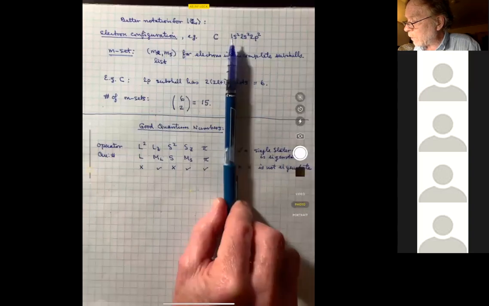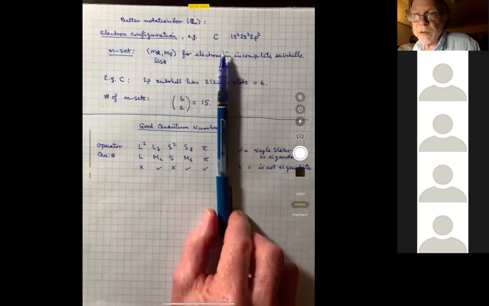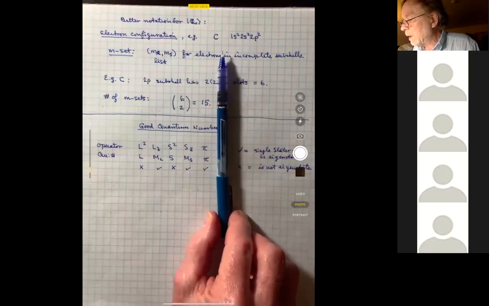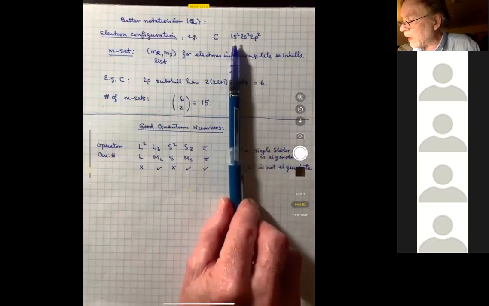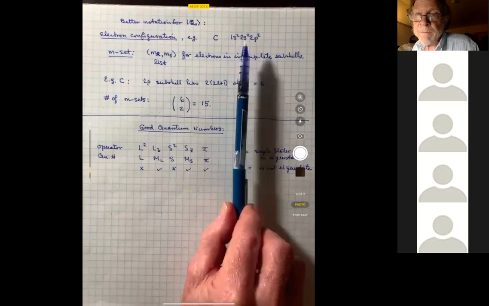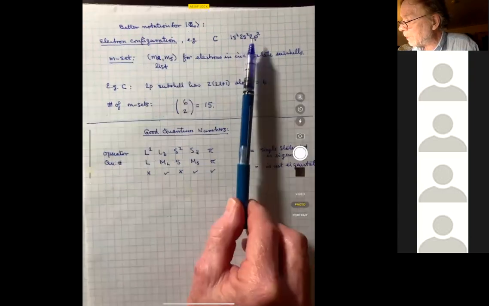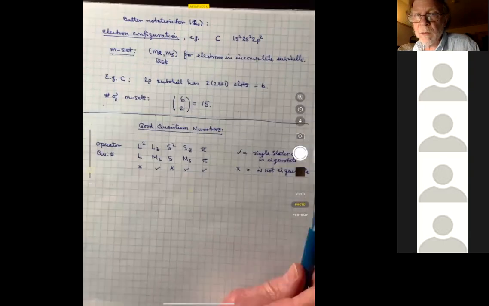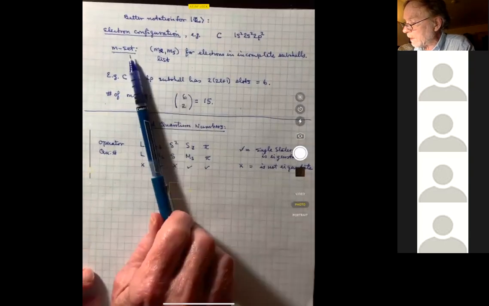Now, the electron configuration gives you the N and L quantum numbers of the electrons. As far as the magnetic quantum numbers are concerned, that's the M sub L and M sub S. There's only one way to assign them for complete subshells. In this case, carbon would be the 1s squared and 2s squared. They're filled, so all the magnetic quantum numbers are used up. But in the incomplete subshell, we need to give a list of the magnetic quantum numbers of the occupied orbitals. This is what we call an M set.